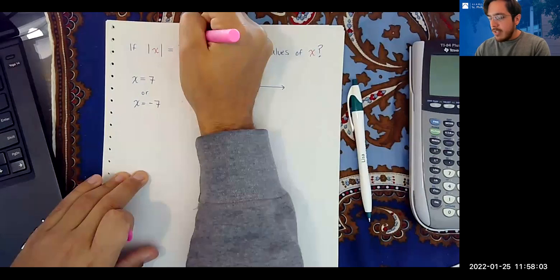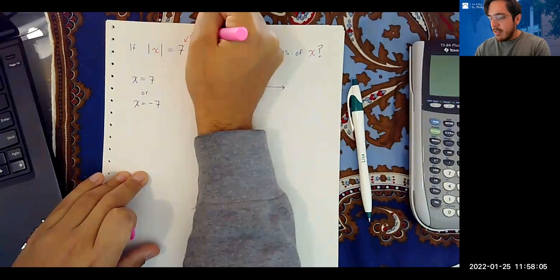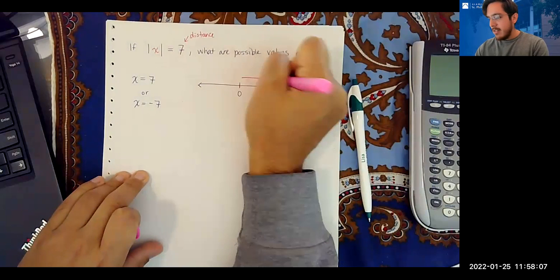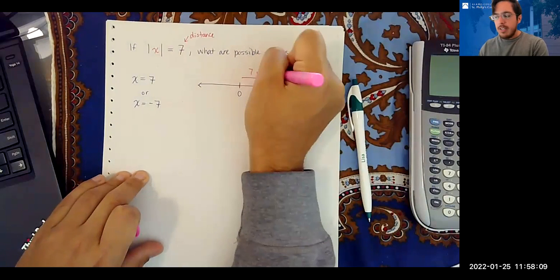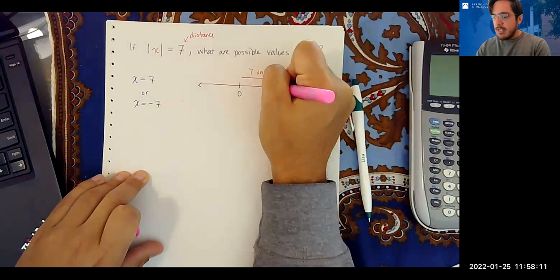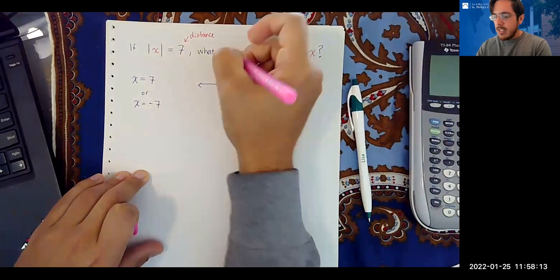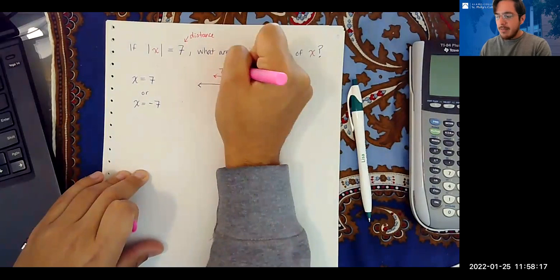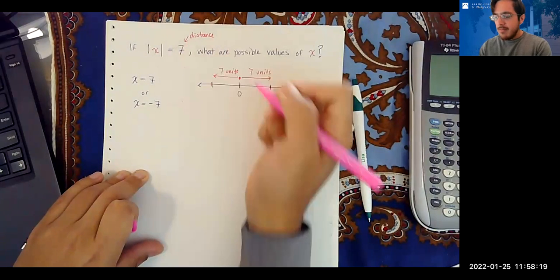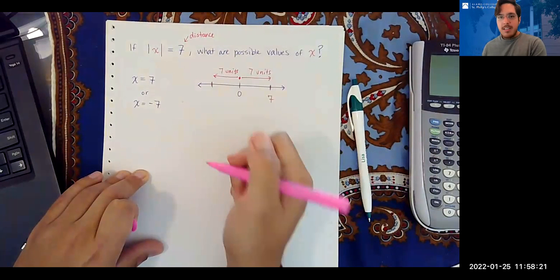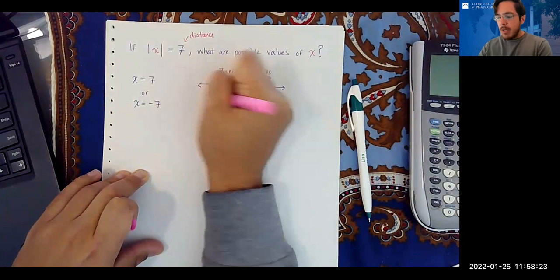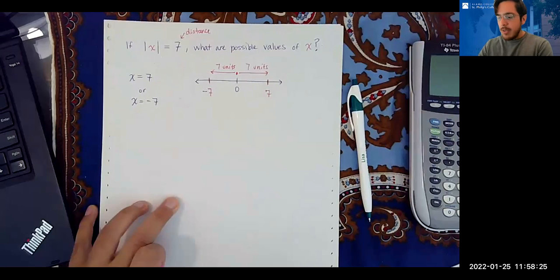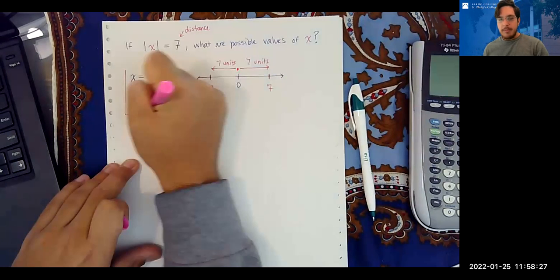If we walk 7 units over here, what number do we land on? We land on the number 7. But if we start at 0 and walk in the left direction 7 units, what is the number that we land on? -7. So we have two possible answers here, two possibilities for what x could be.